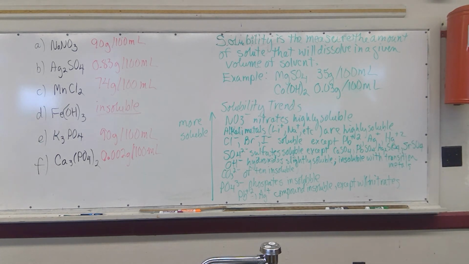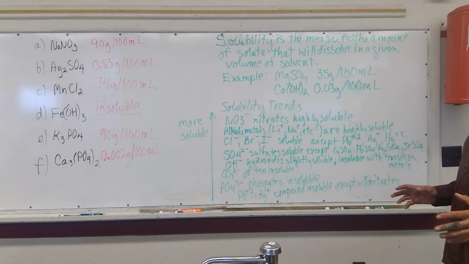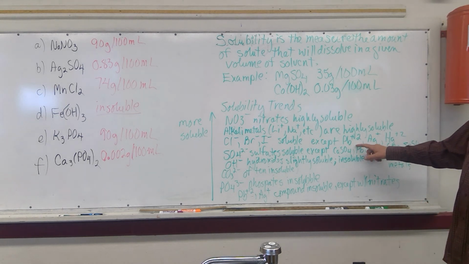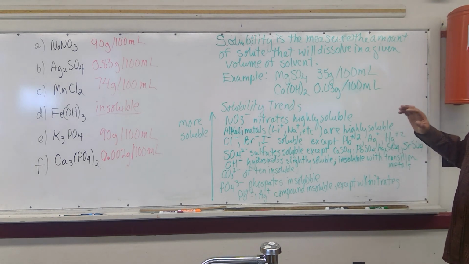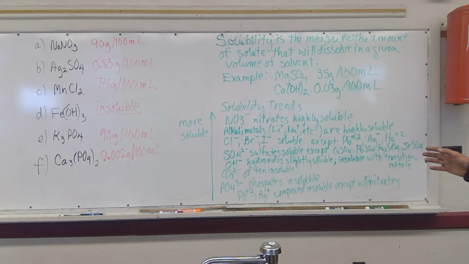Manganese chloride, or manganese(II) chloride, is pretty highly soluble in water. Transition metals like manganese kind of vary in their solubility, but the fact that it is combined with an anion that is a halide really raises its solubility potential. And as you can see, this is a pretty high solubility compound.